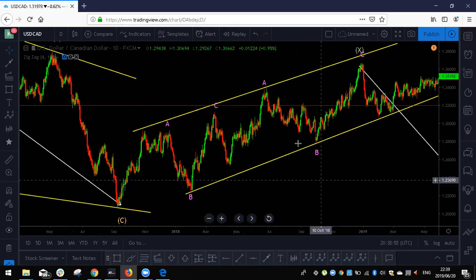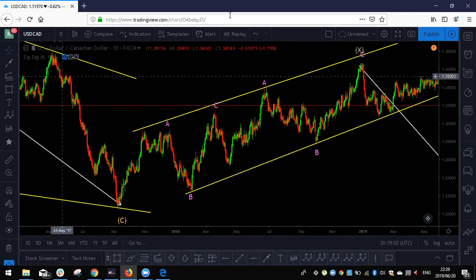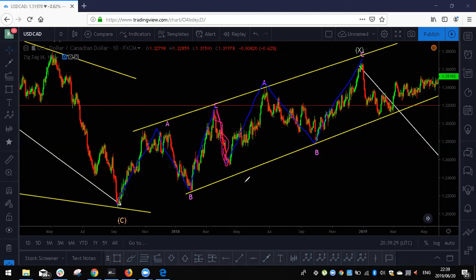So what we have now is a zigzag. No, it's a flat followed by another. This is a zigzag. This looks like a zigzag, but this is just a joint. I see now, 3 moves.